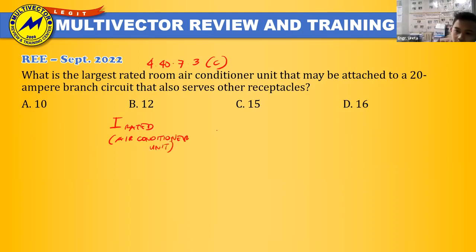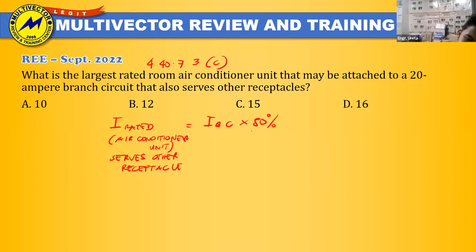Okay, that may be attached pag sinabi sa problem, with or serves another receptacle. Okay, so under the article na yan, mababasa niyo rin yan. Serves other receptacles, lighting, nakalagay yun sa article na yan. Yung current multiplier natin dito, kalahati lang yung i-consider natin, which is just equals to the full load or the branch circuit current times 50%.